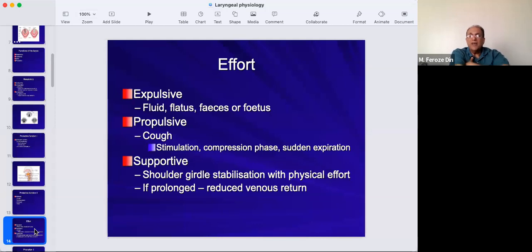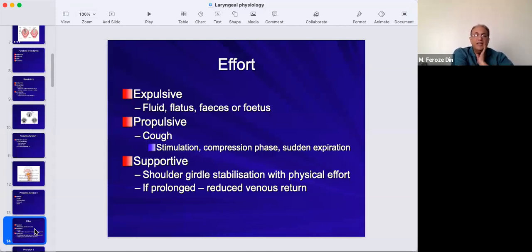And that expulsive effort is done in the same way as I mentioned earlier, where the larynx closes, you stabilize your shoulder and your chest wall, and then you can exert maximum force by contracting your muscles, including your abdominal muscles, especially when you're involved in expelling flatus or feces or fetus. Childbirth involves a lot of expulsive effort by the mother. If you've ever witnessed one, or you may have seen it in films, or you should go to our obstetric wards in due course and see how it happens. It requires a lot of expulsive effort.